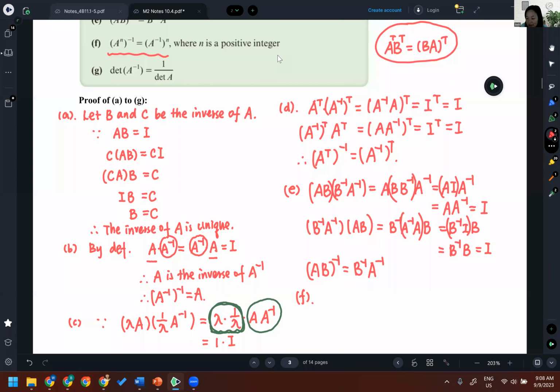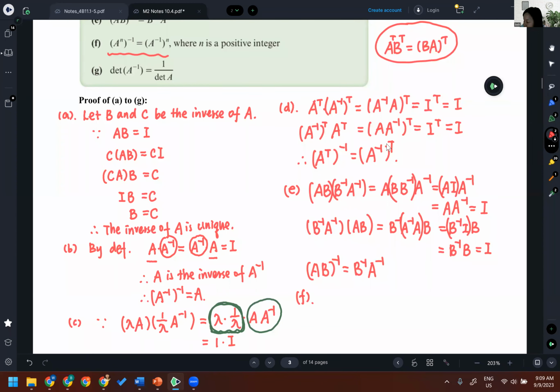Your microphone is broken. Okay. So who do you think should answer for you? Maybe Cassandra? Cassandra, do you know which two? How do I check if A n inverse equal A inverse n?